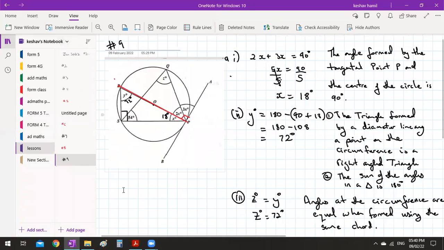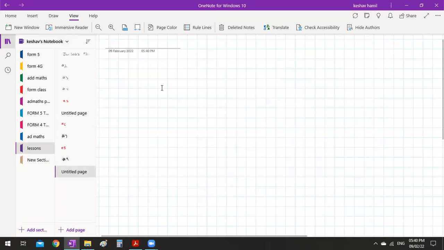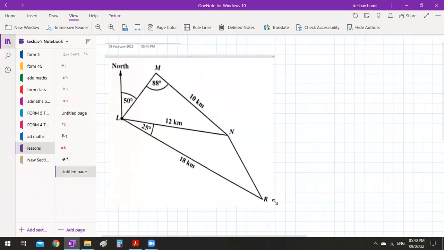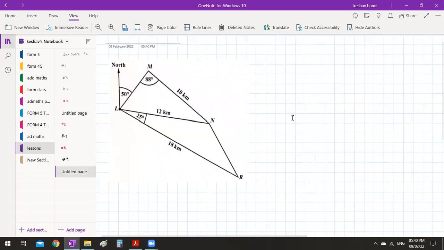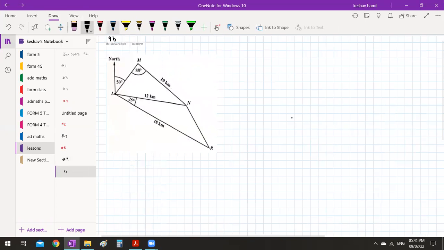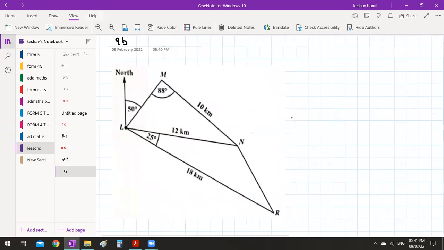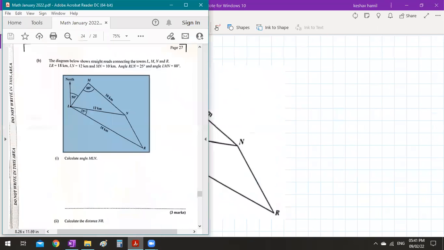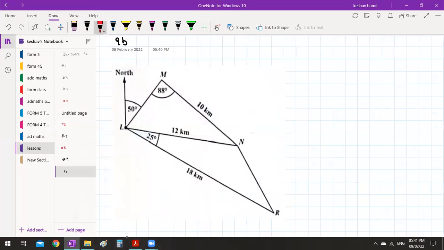Add a new page for that. So this will be 9B. Right, so the angle I want us to start with, MLN.